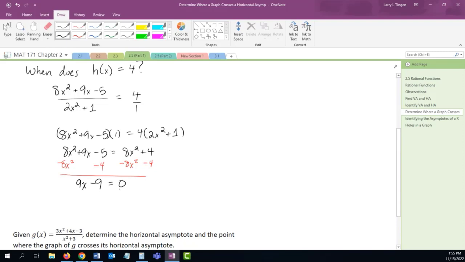So I have 9x equals 9. So it was quadratic, but that subtracting there caused my square term to zero out. So now this is linear. I know how to solve a linear equation. Everything with an x on one side, everything without on the other. Solve for x. And I find that x equals 1.